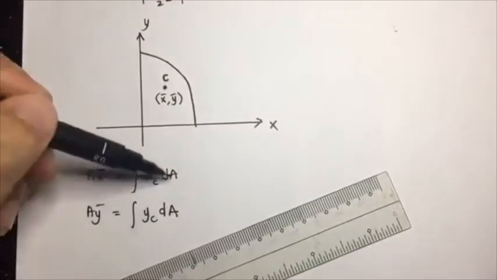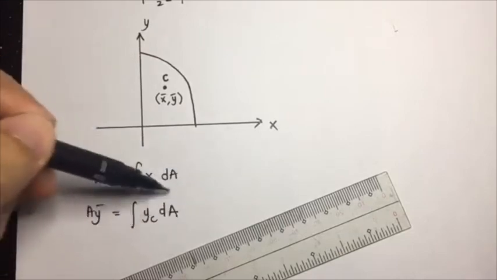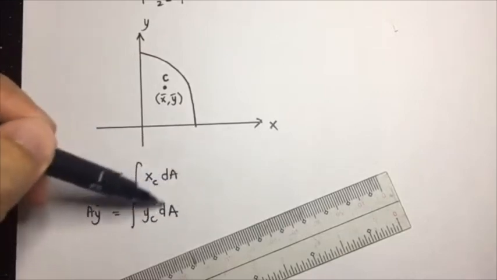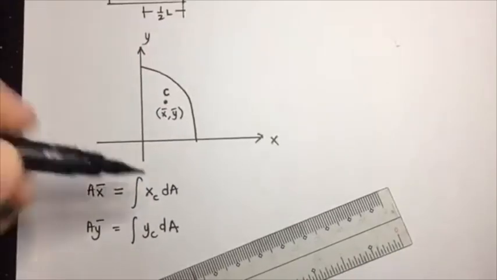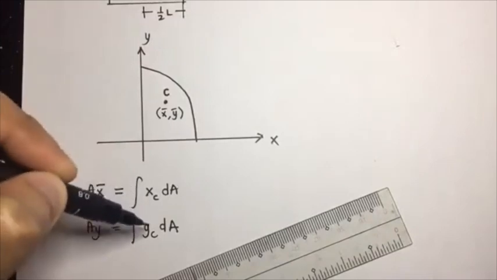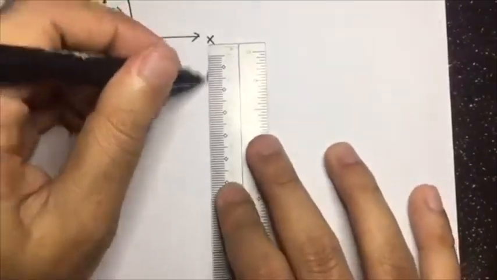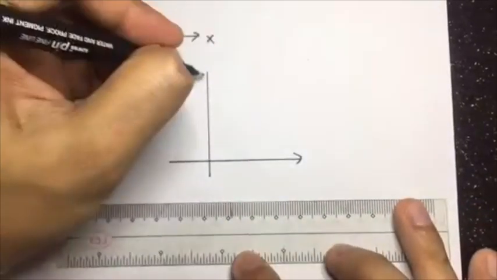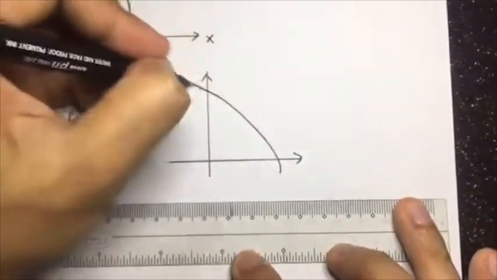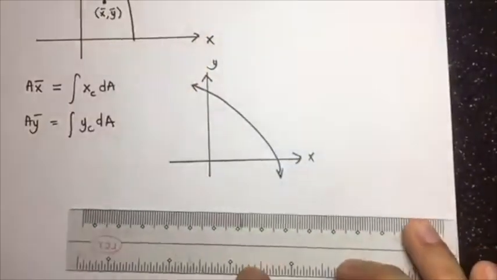The differential area dA is the usual integrand in determining the area of a curve, while the xc and the yc will depend upon the strip that we are going to use. Say for example, for our area, we will be using a vertical strip. Say that is our curve, this is x and this is y.